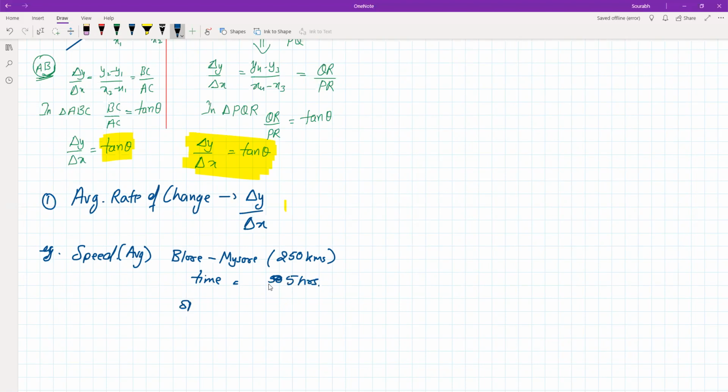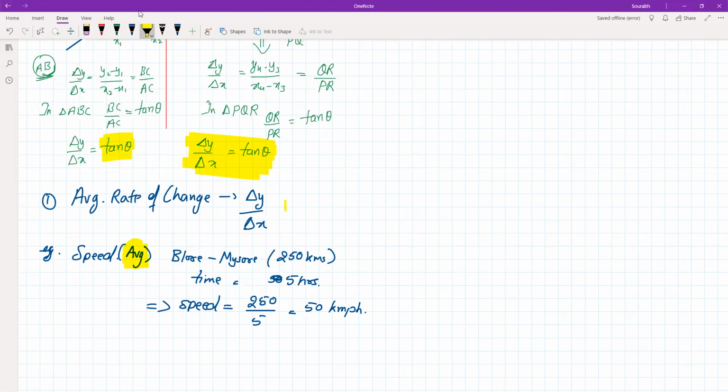So what was your speed? Your speed will be 250 kilometers divided by 5 hours, or 50 kilometers per hour. This speed which you find here is very important, that such speed is called average speed.